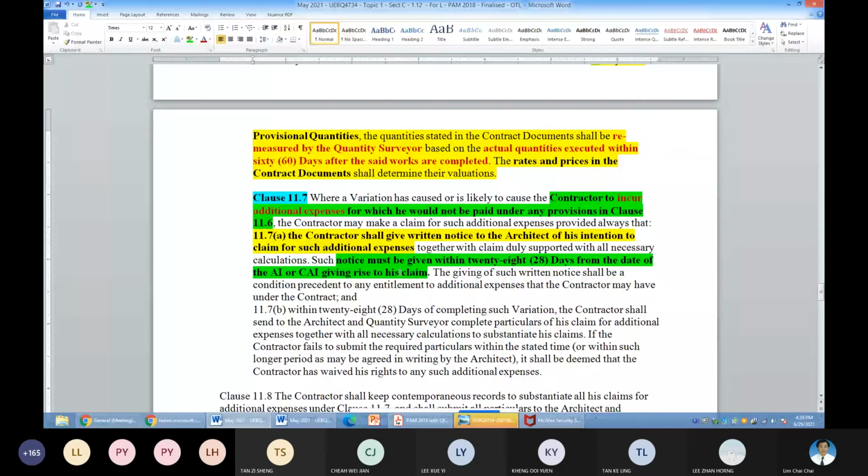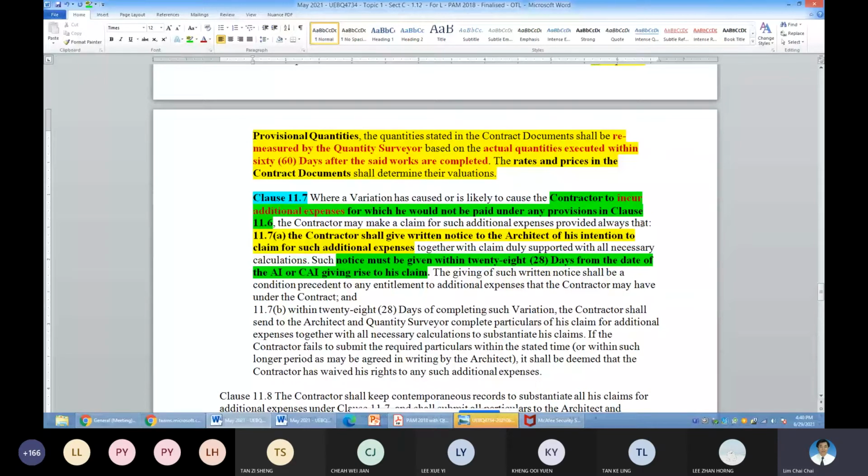You submit at the end of the work, or you claim progressively, depending on how massive the VO is. But in order for the contractor to ask for additional payment on top of the payment under clause 11.6, the contractor must give written notice.